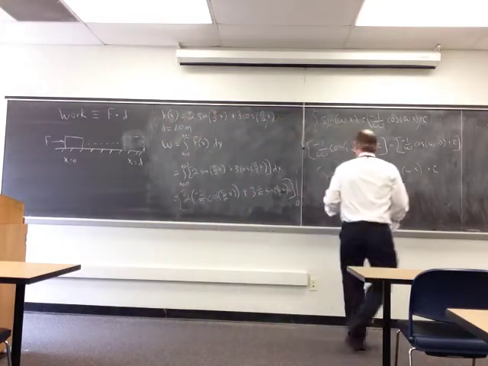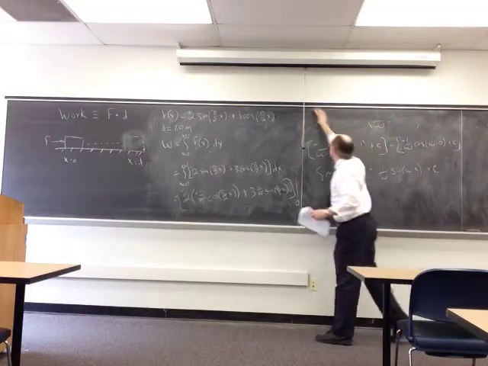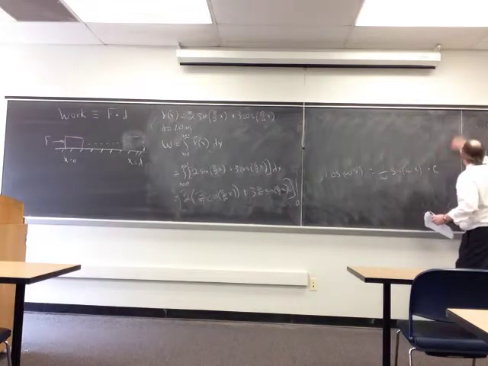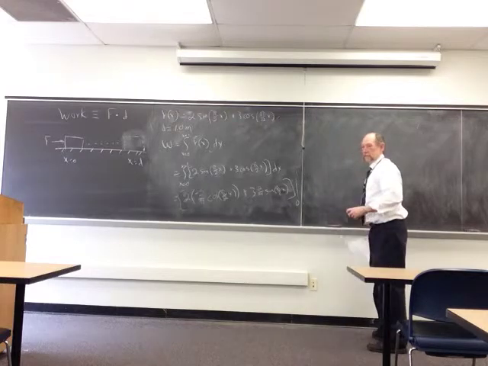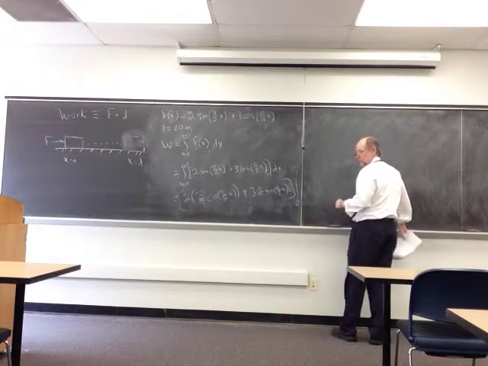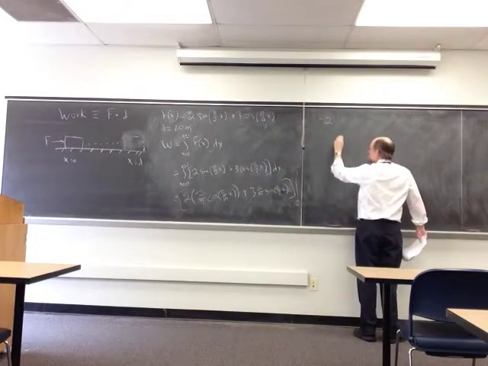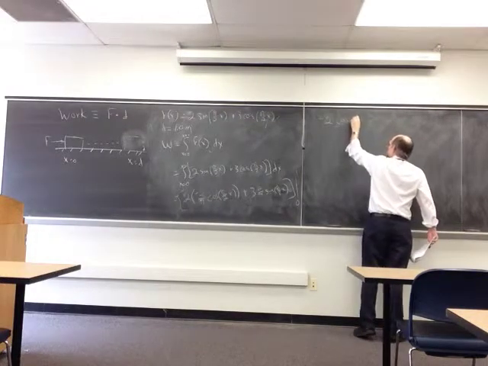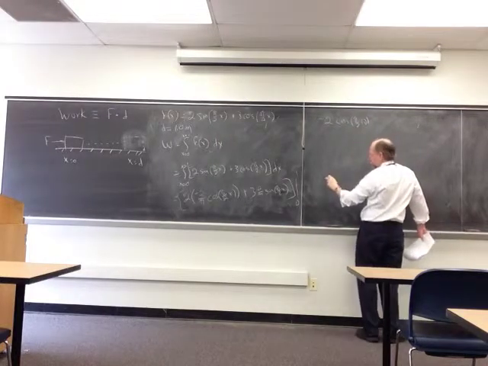Sure. Let me erase this. And I will write down what you tell me. All right. Go ahead. So it's going to be negative 2 cosine pi over 2 times, oh, okay.